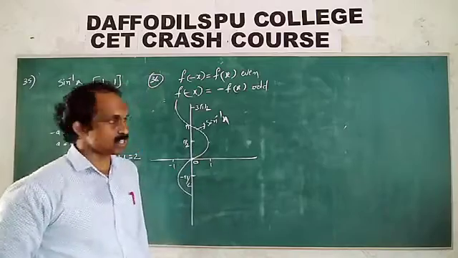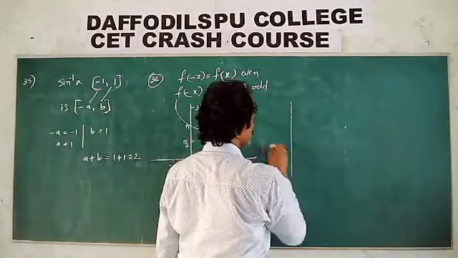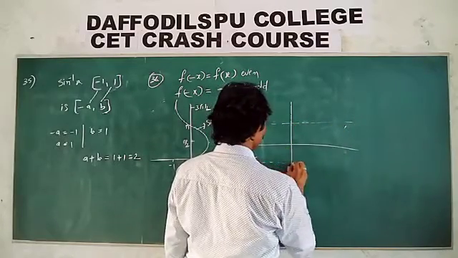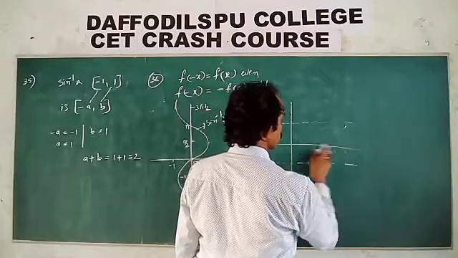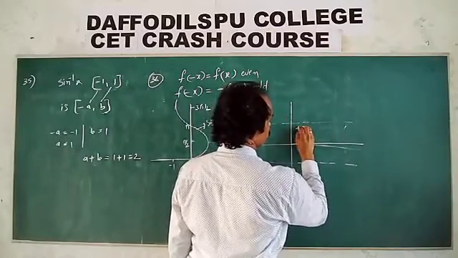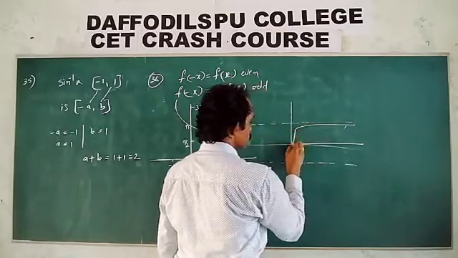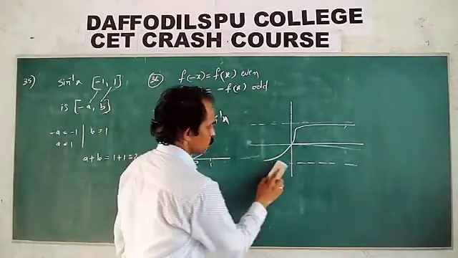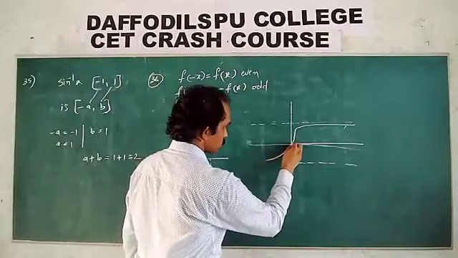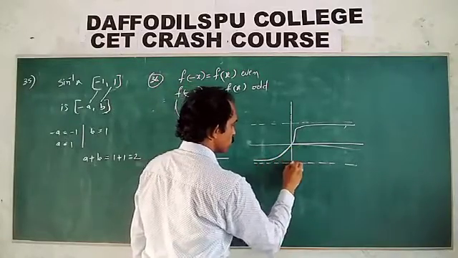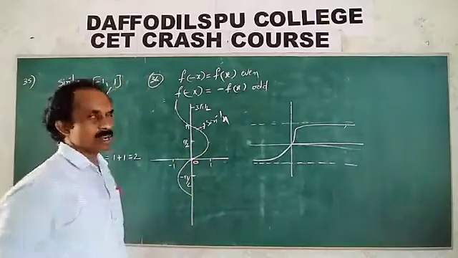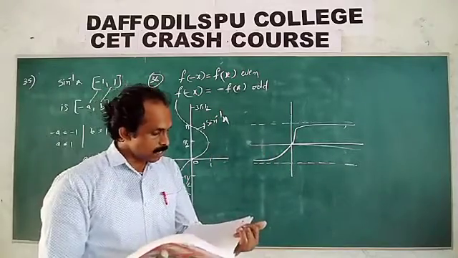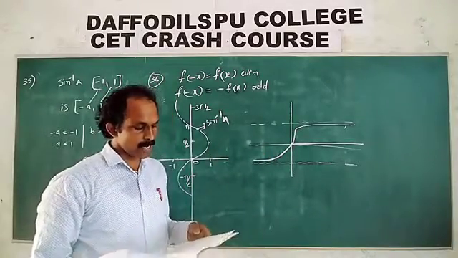See the tan inverse x graph. Clear, students? So this is the tan inverse x graph and this is the sin inverse x graph. Both graphs are symmetric about the origin. Therefore, these two are odd functions. First option, symmetry about the origin.